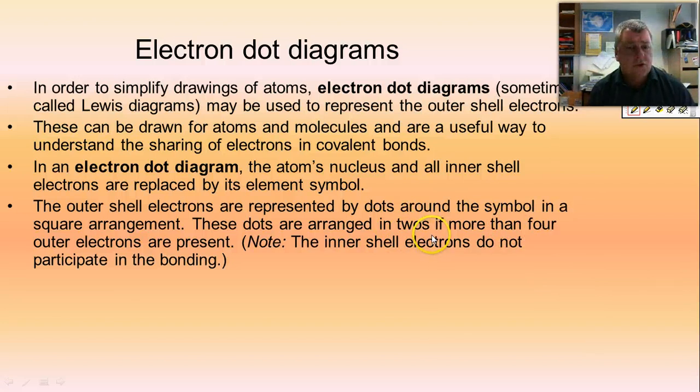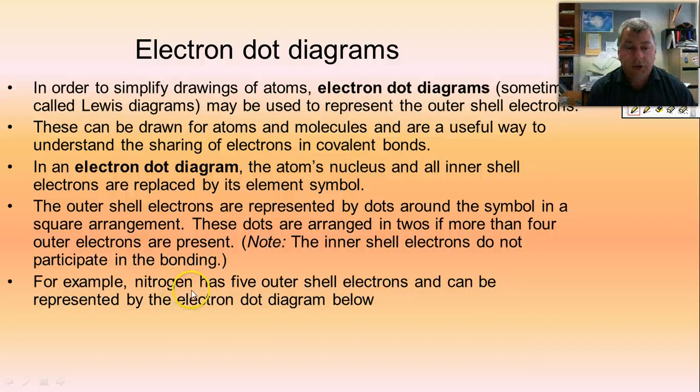Sometimes people think of it as a circle, but it should really be a square with four sides. And the dots are arranged in twos, and if there are more than four outer electrons present, you've got to make sure you fill out the dots correctly, and we'll go through that. And I'll show you what that means.